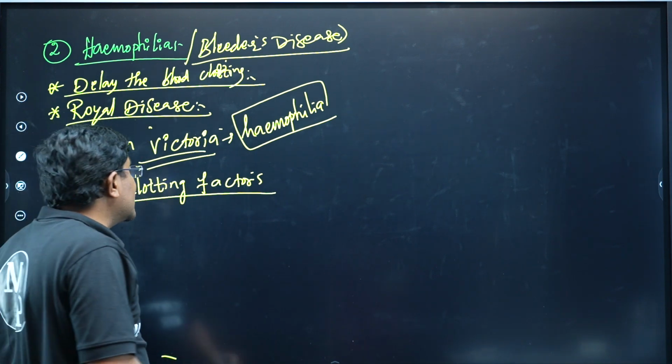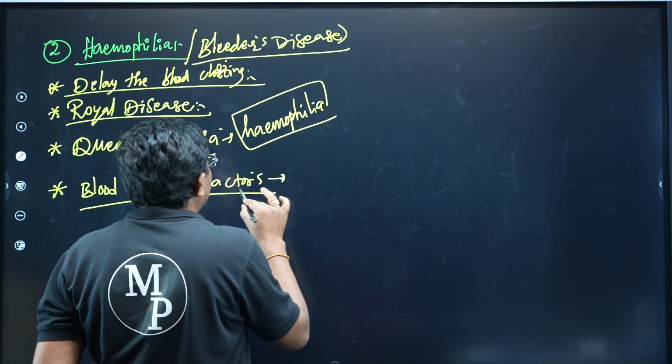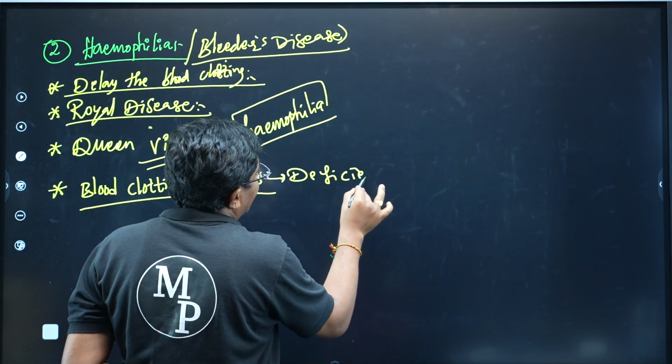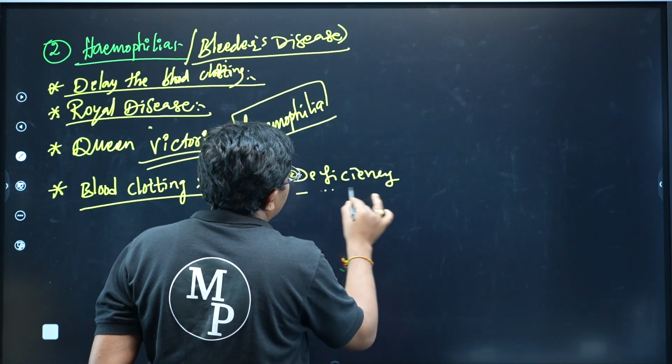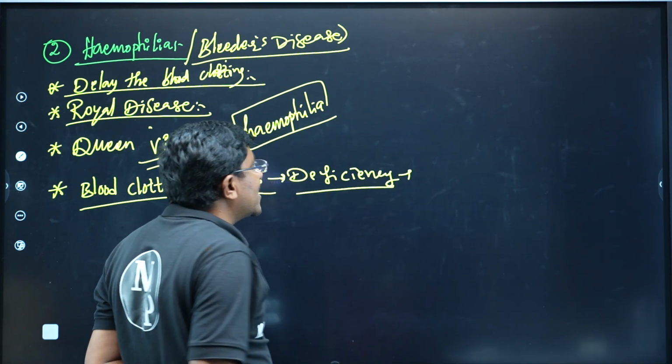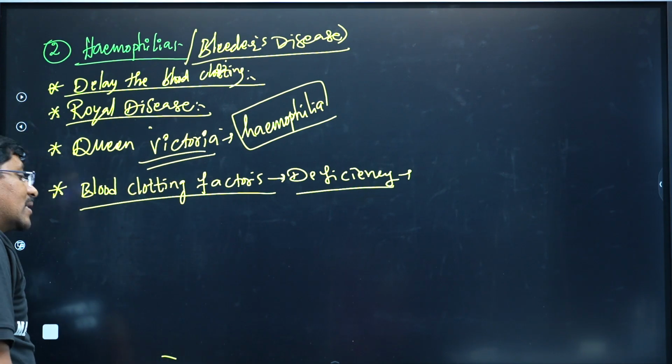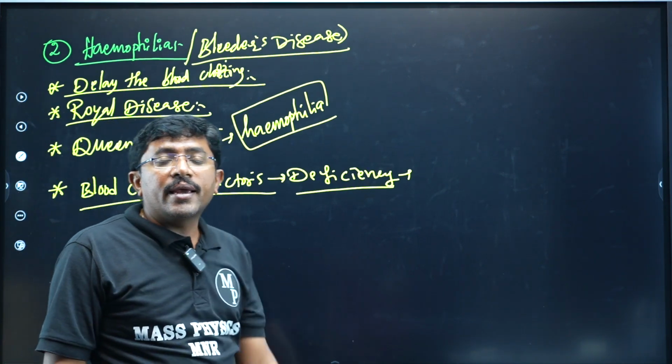So in the deficiency of blood clotting factors, the cascade reactions will not continue, and thereby blood is continuously lost from the injury place.